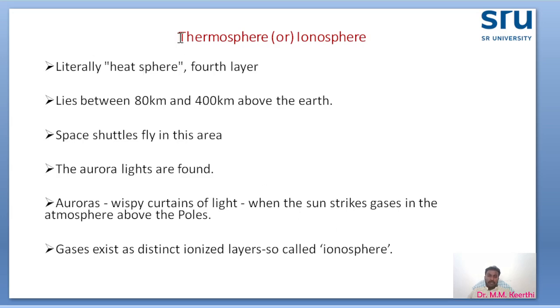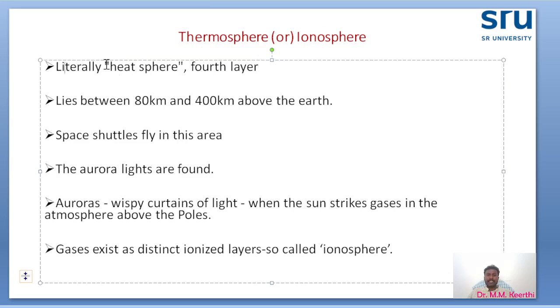And the fourth layer is called the thermosphere, or the ionosphere, because the ionization process occurs here. That's why it is called the ionosphere. Literally, this sphere is called the heat sphere. It's the fourth layer. It lies between around 80 kilometers and up to 4,000 kilometers above the Earth's surface.